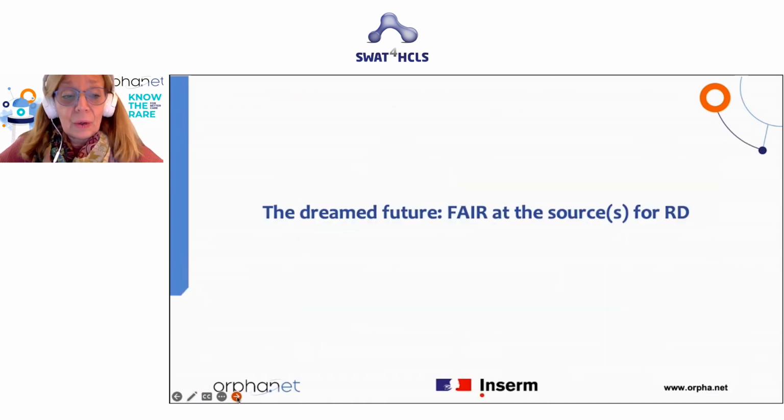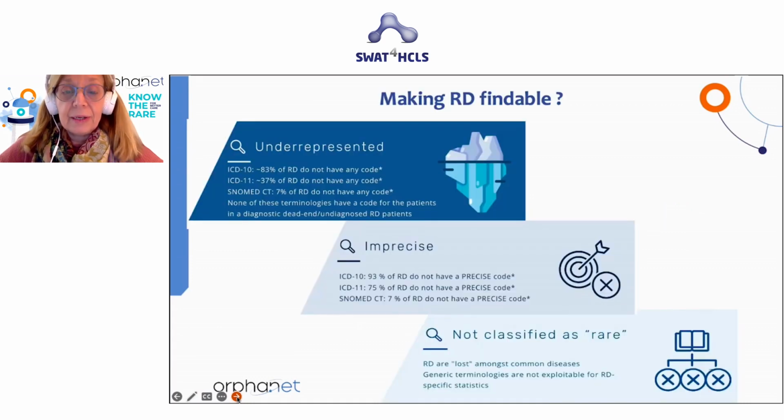And that is where achieving FAIR data at the source, at the point of care, is necessary for rare disease patients. But how do we do that? How do we find rare diseases in these health information systems? Rare diseases are underrepresented.